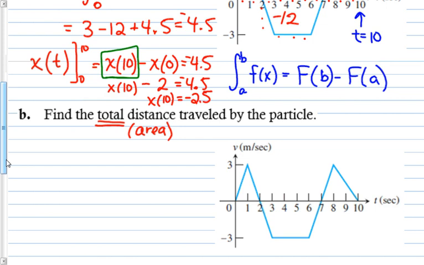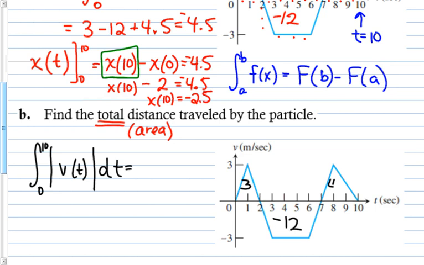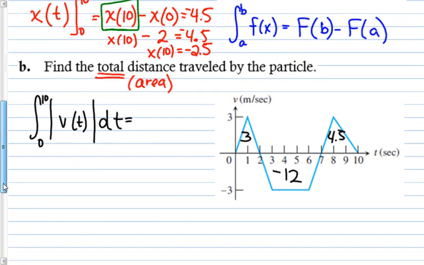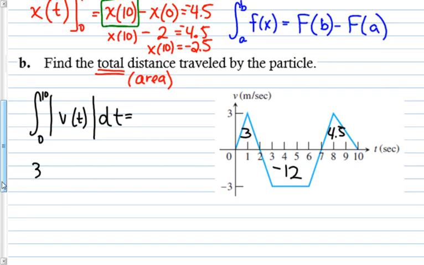So it's basically the same idea, just that the integral this time is going to look like this. Because of the absolute value, it's still from 0 to 10. And I'm still using area. This was 3, this was negative 12, and this was 4.5? Yeah. So this time, we're going to add everything together, and anything that is negative will just get eliminated by our absolute values, or you could just make it positive, however you want to look at it.